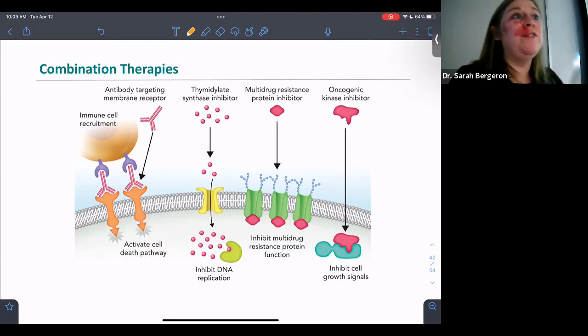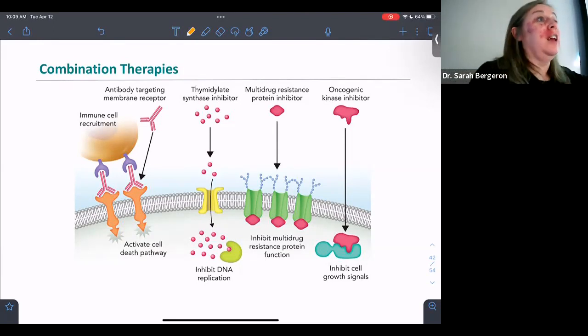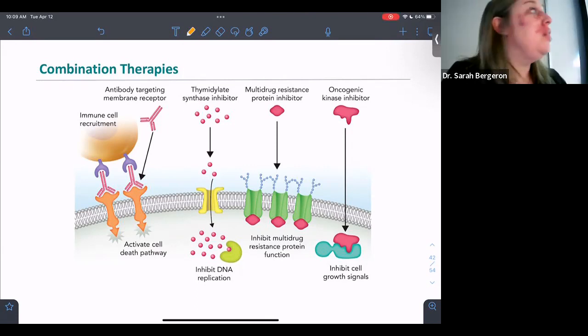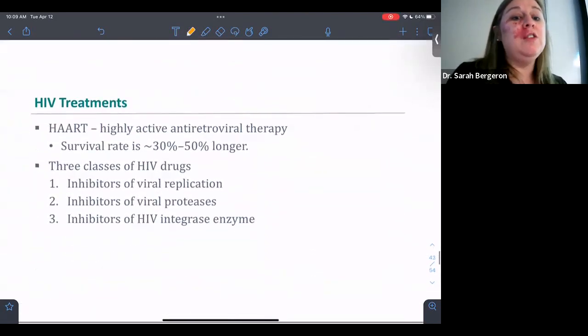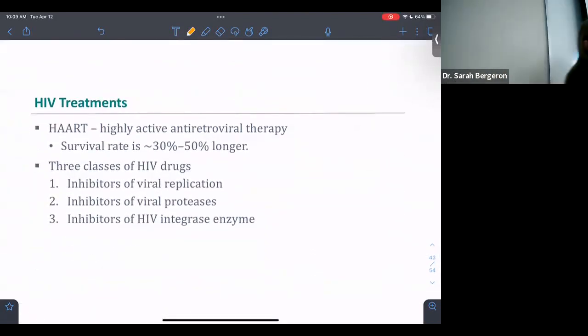So how's your patient going to feel on chemotherapy? I mean, there's no way around that. They're going to feel terrible, but it's absolutely worth it. And this combination therapy is not just seen in cancer treatment. We also use it in HIV treatment. We always tell patients to stay inside more because their immune systems are compromised.